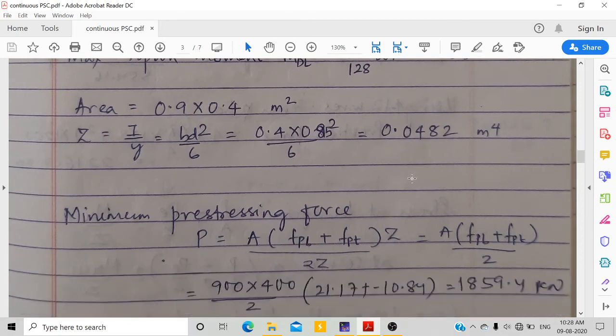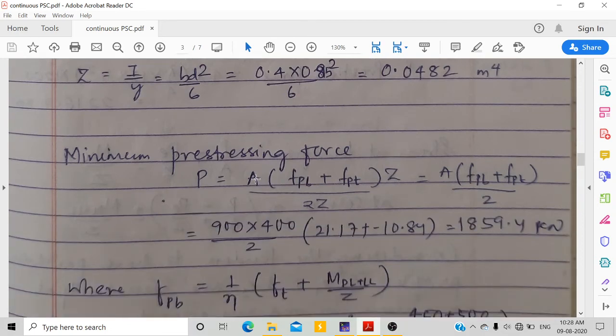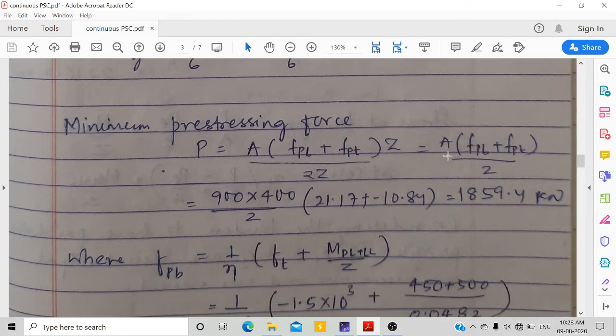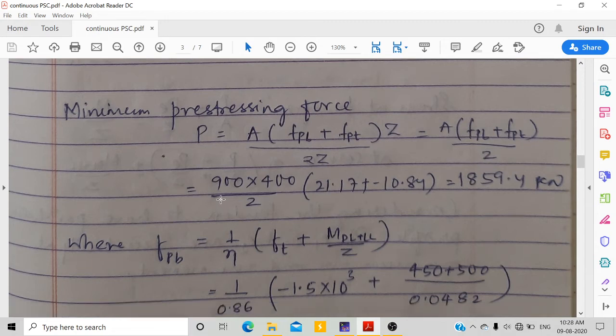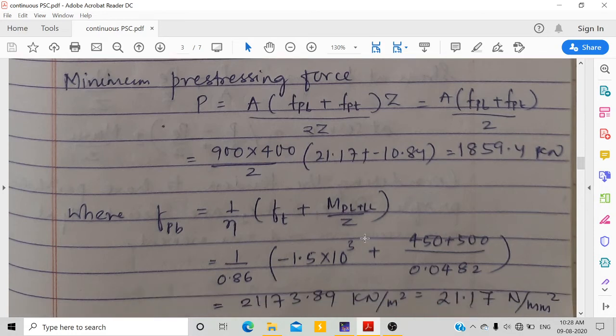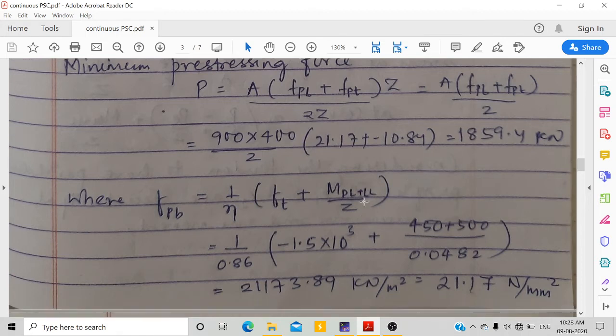Then coming to the minimum pre-stressing force, I'm using the formula to calculate how much pre-stress force we need. So area into FPV plus FPT by 2. So area is 900 into 400, and these two values as per using these formulas. So all these formulas are already in the video, which I had given the link. Okay.